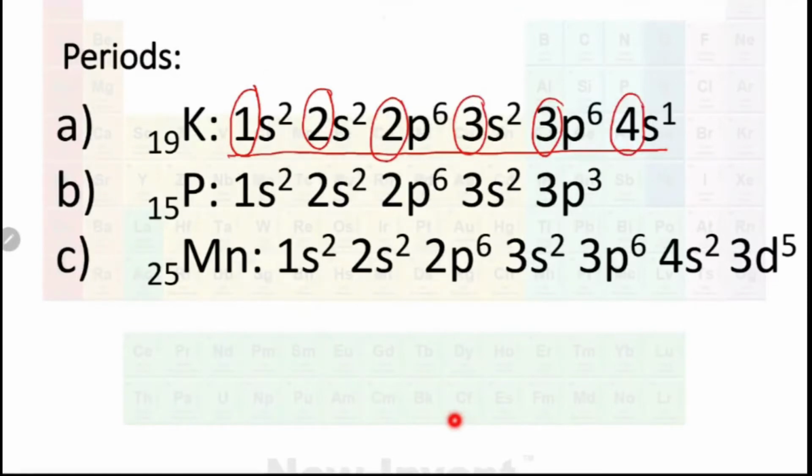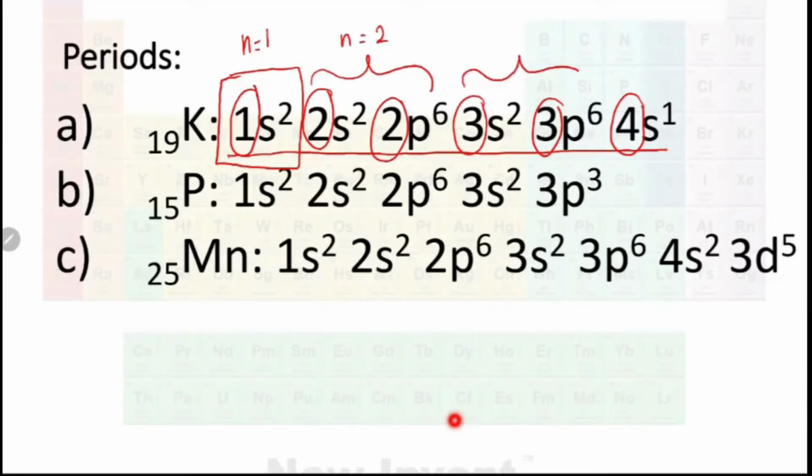So this number represents the shell. So for this one, the electrons are in shell 1, this one shell 2, this one shell 3, and this one shell 4.